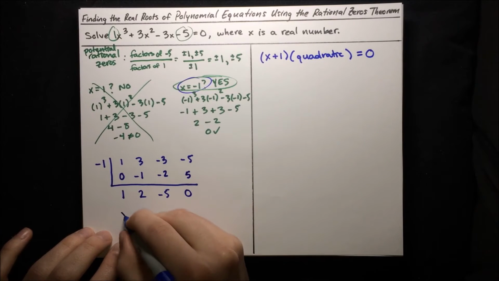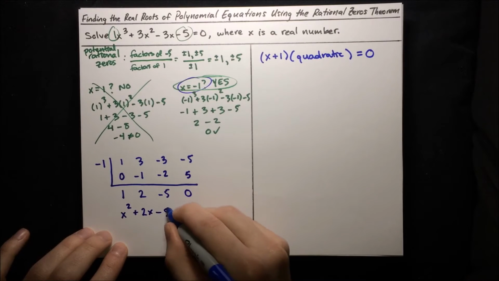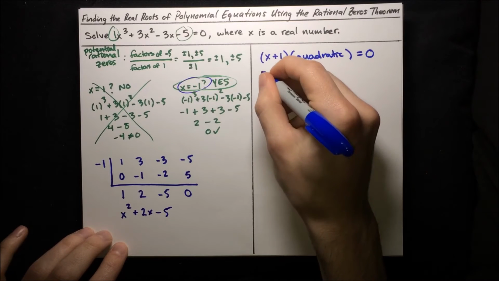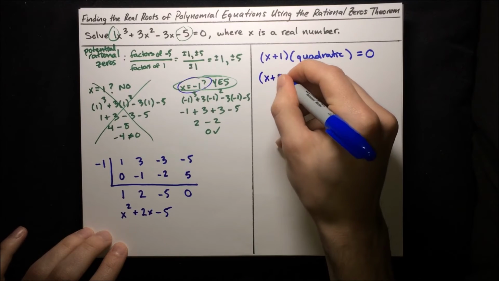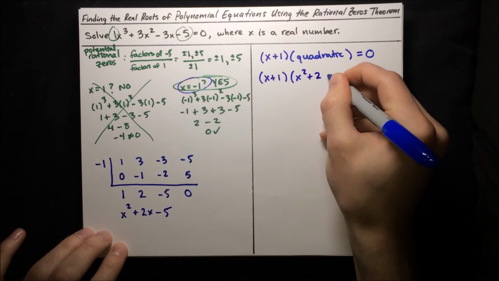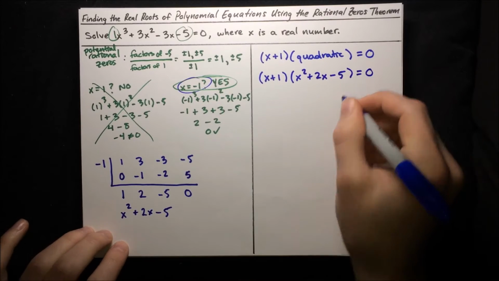This corresponds to x squared plus 2x minus 5, our quadratic factor. So x plus 1 times x squared plus 2x minus 5 is equal to 0.